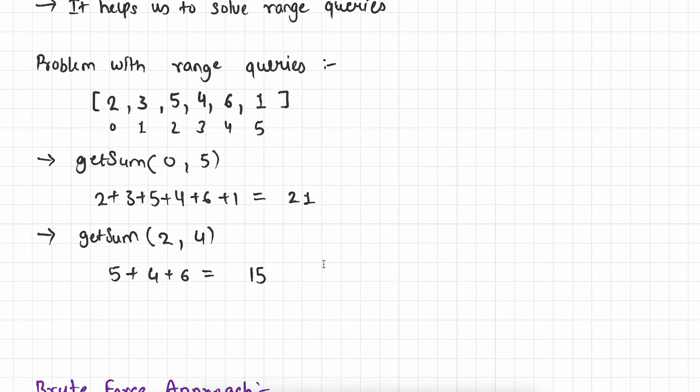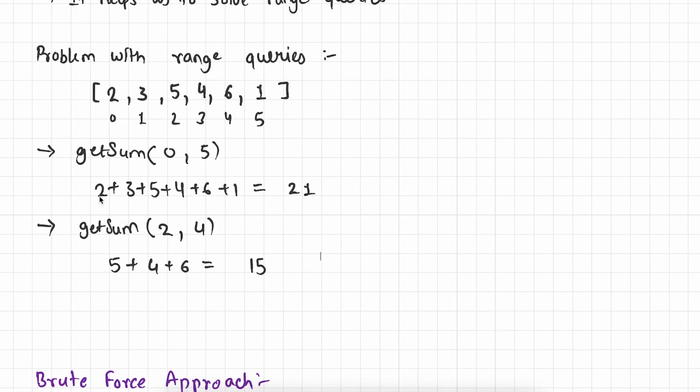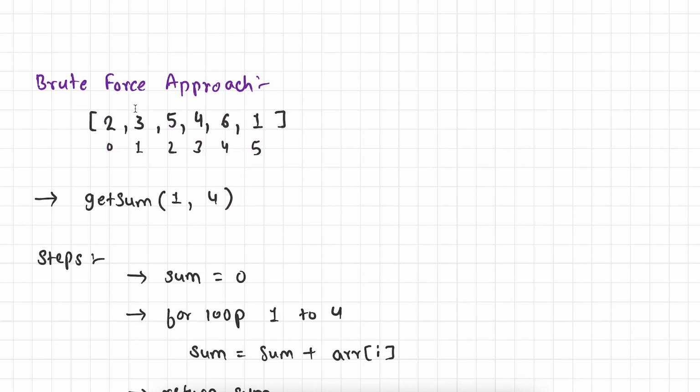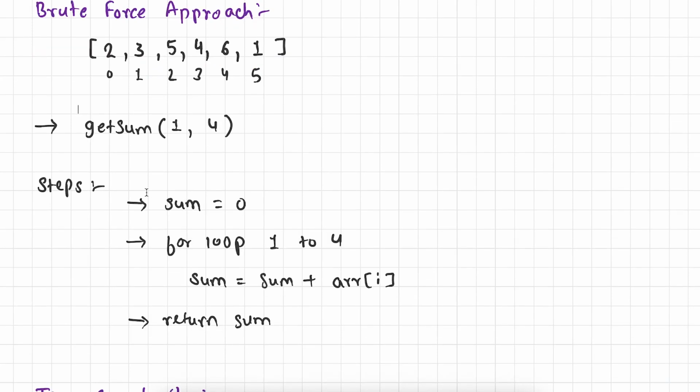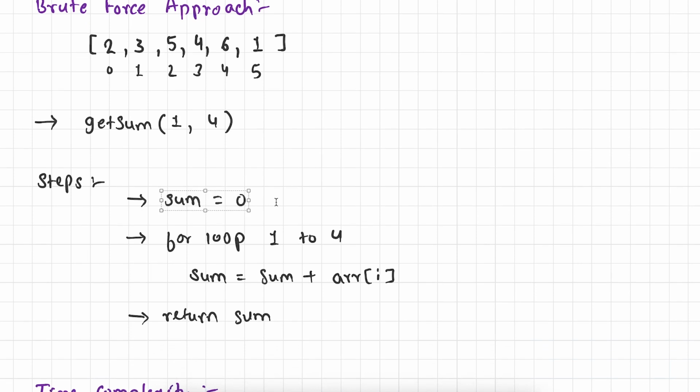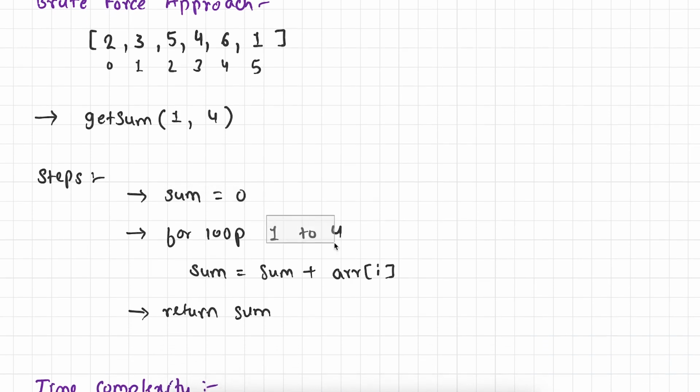So guys, before we move on, let's see how we are going to implement this approach to find the sum of a range. We are given an array and our task is to find the sum between 1 to 4. So we simply initialize a variable sum with 0. Then we run a loop from 1 to 4.